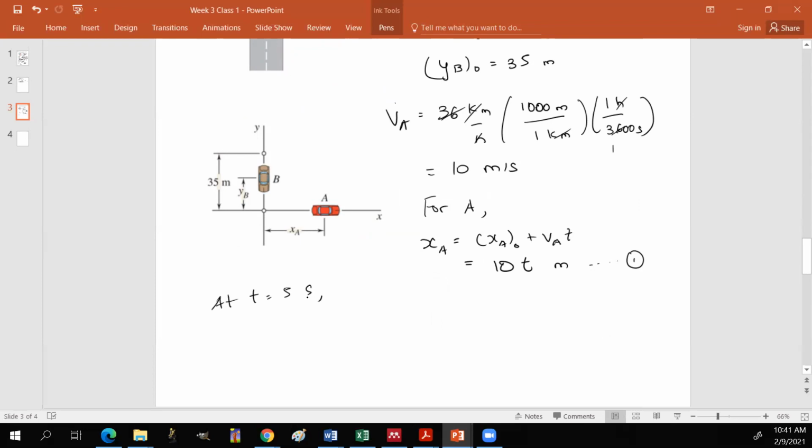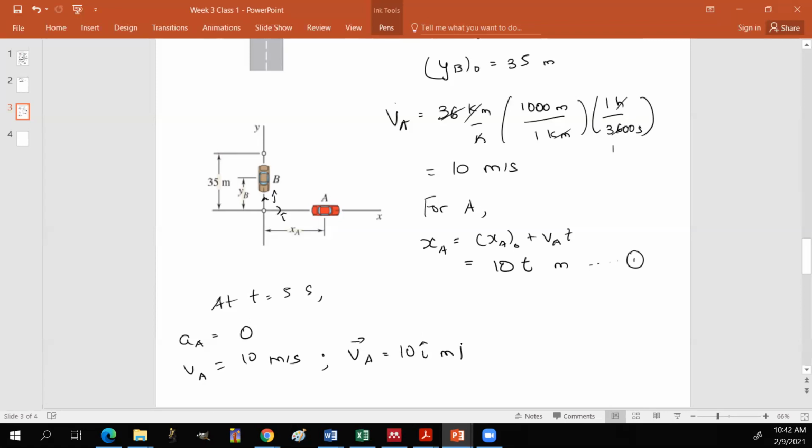we have the acceleration of A is equal to 0, right? The velocity of A is equal to 10 meters per second. But I want to write this as a vector because we're looking at motions in different directions, right? So I know that VA is equal to 10 meters per second horizontally in the X direction. As a vector, what do I write it as? 10 meters per second in the x-axis or I hat direction, all right?